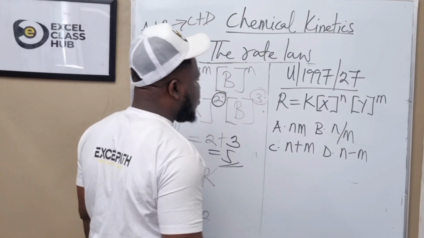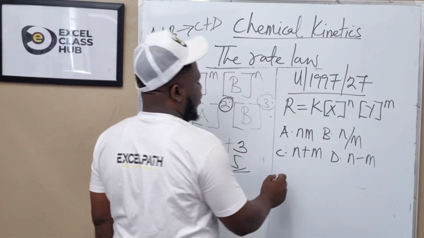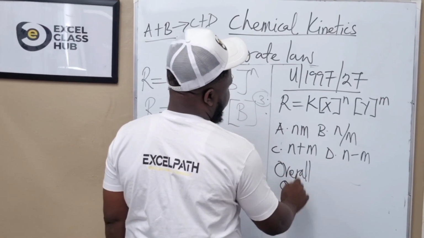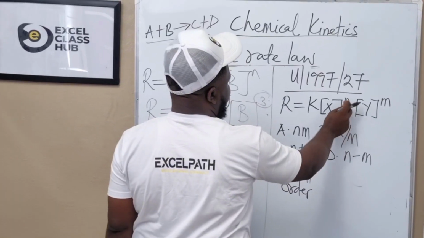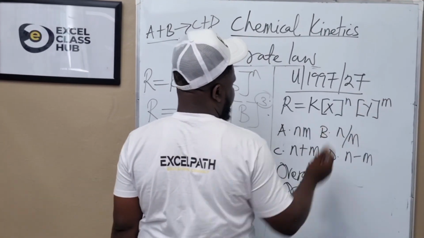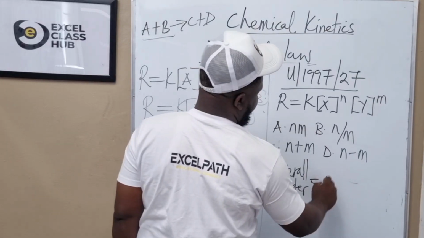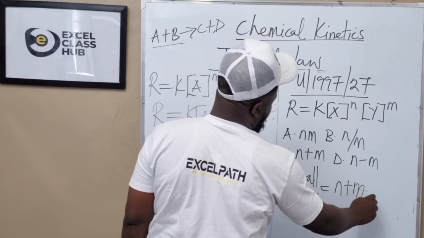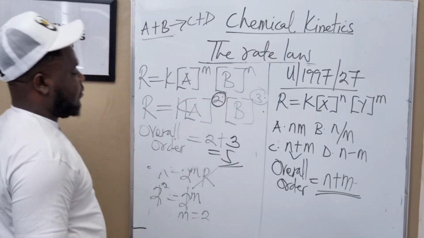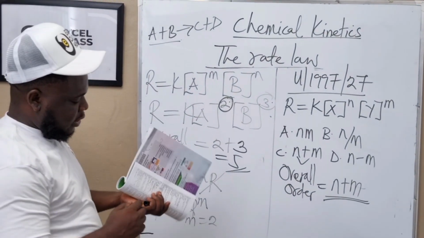Like I've told you, anytime you are asked for the overall order of the reaction, it is always an addition of the order of the reaction with respect to this and the order with respect to this. So the overall order of reaction becomes N plus M, and that is option C. Option C is correct.